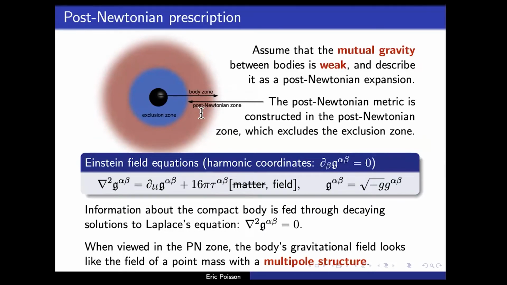Yeah, so if I view this in the common rest mass frame of the binary system, then yes, that blue region is moving around. Part of the technical details is to actually move to the rest frame of the reference body. And what that means is that everything else is going to be moving around the reference body. But yeah, everything is changing with time here. So the post-Newtonian zone is also getting redefined with the time scale.